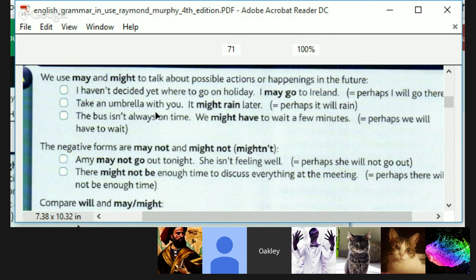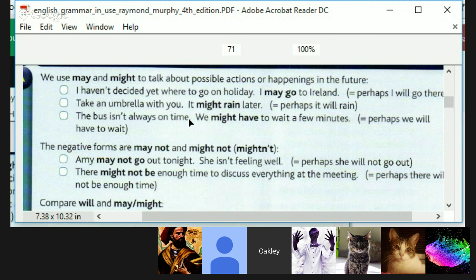For example, I haven't decided yet where to go on holiday. I may go to Ireland. Maybe. Maybe not. It's no accident that the word maybe is very much like may. May be. May happen. May exist. May not exist.